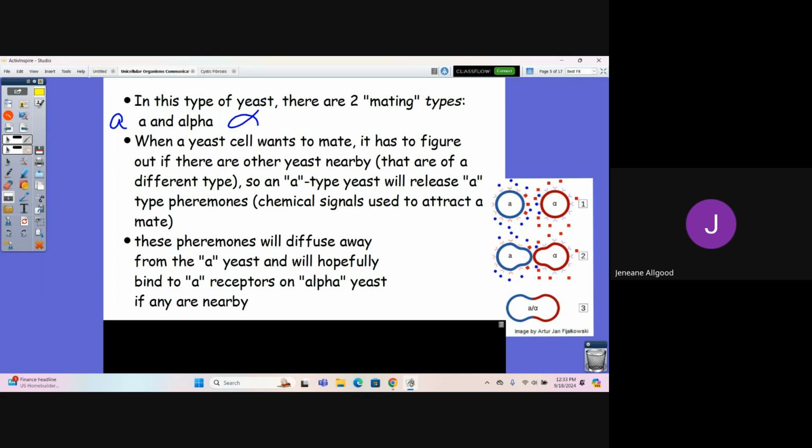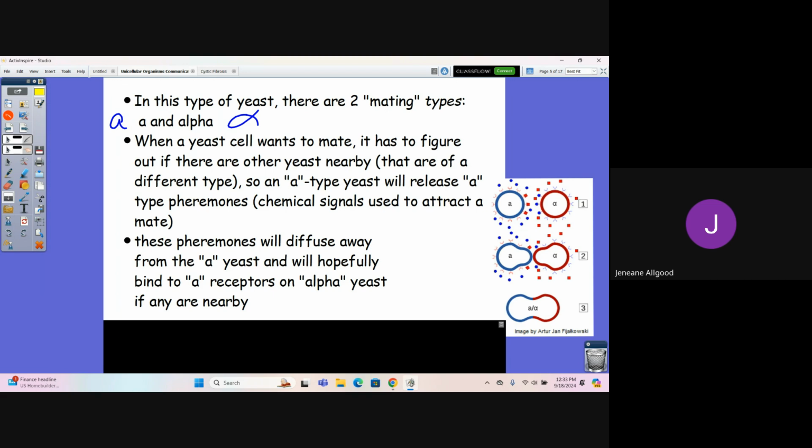But as with all things, we know that they can diffuse from an area of high concentration near those A yeast to an area of lower concentration. And so as they move further and further away from the A yeast, their concentration tends to go down a little bit.